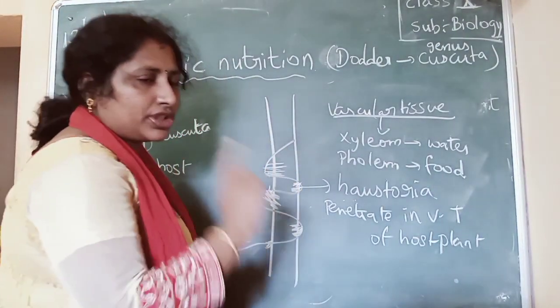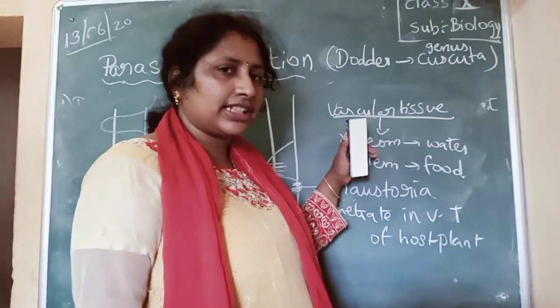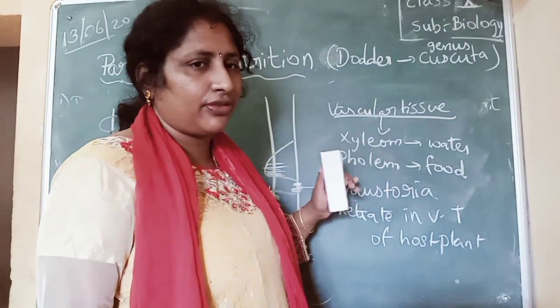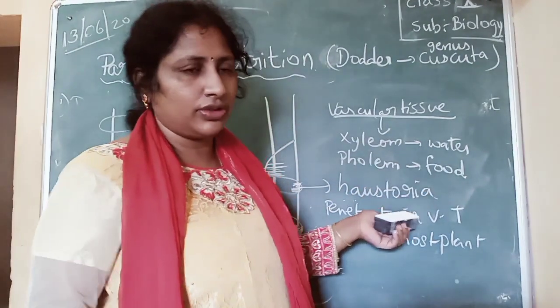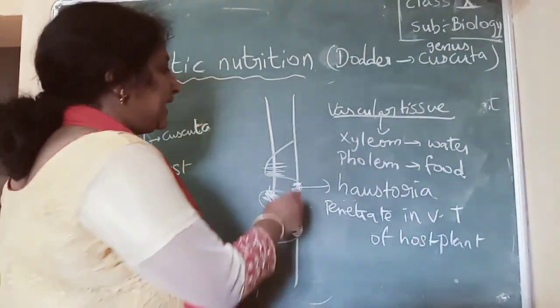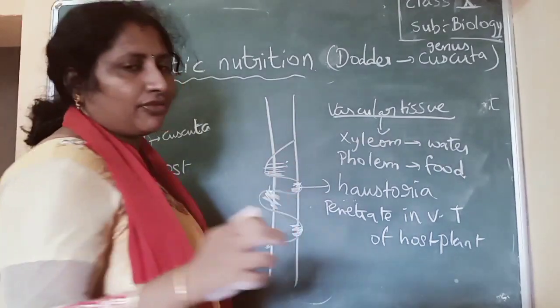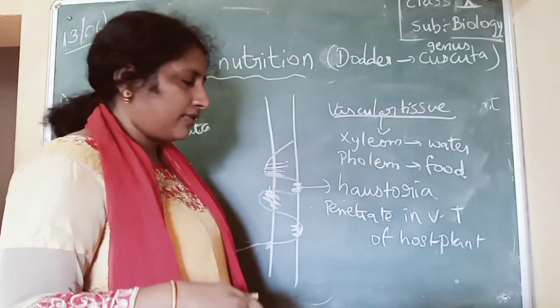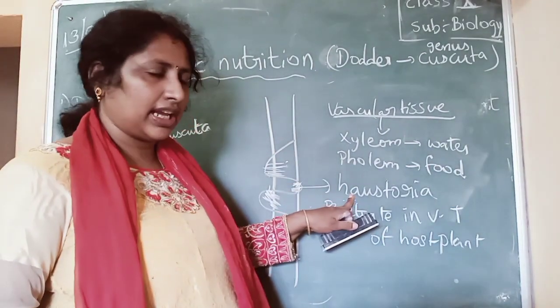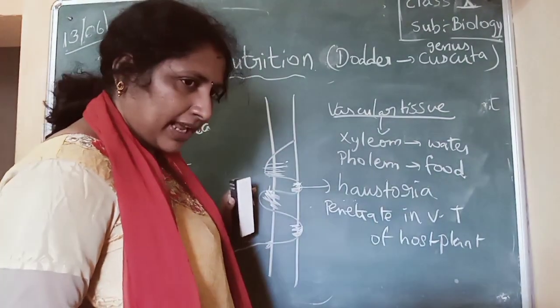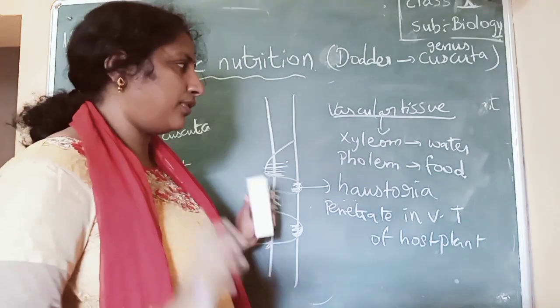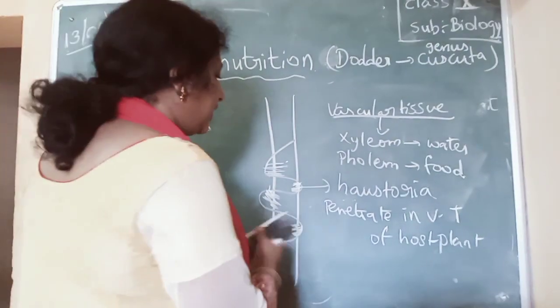So it gets water and food to itself through its haustoria. The haustoria help the dodder plant get its water and food from the host plant. Clear?